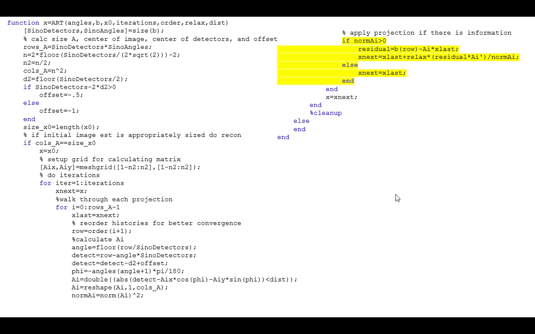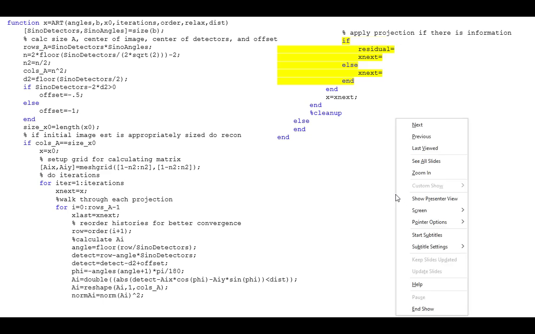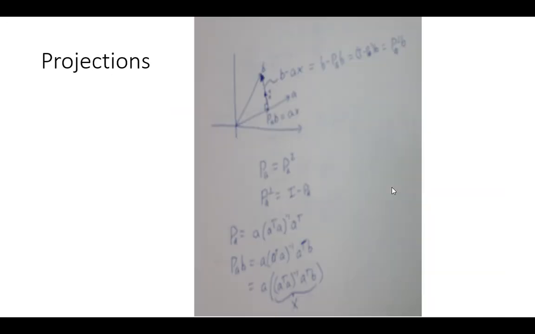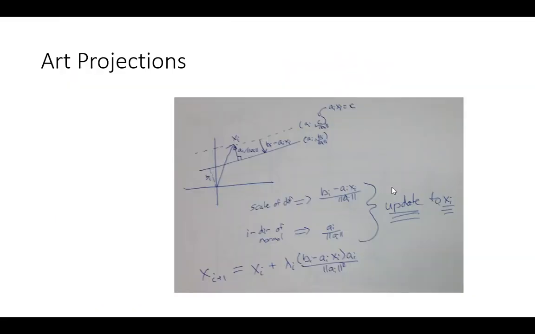If you just put residual here, you have X next equals X last plus relaxation times residual in the direction of AI transpose, divided by the norm of AI.